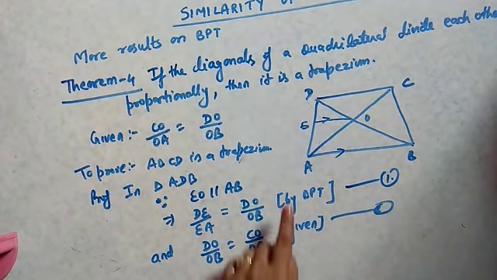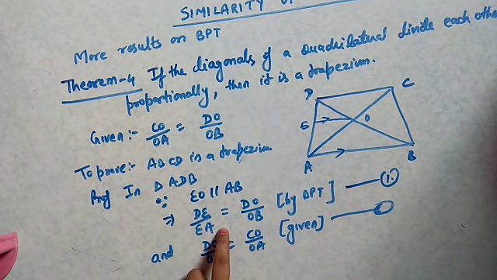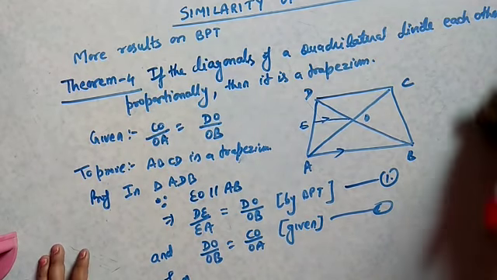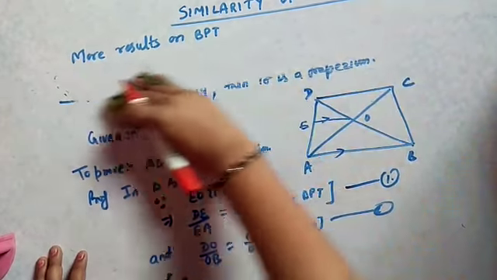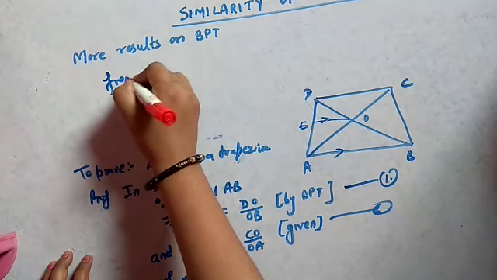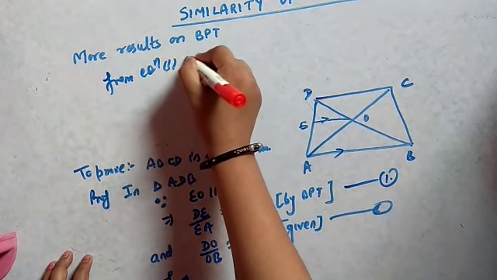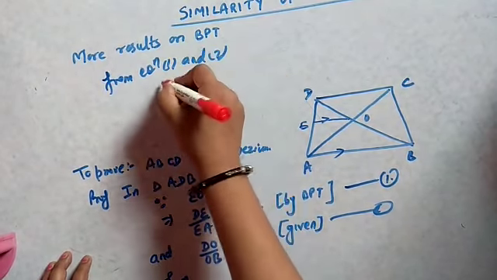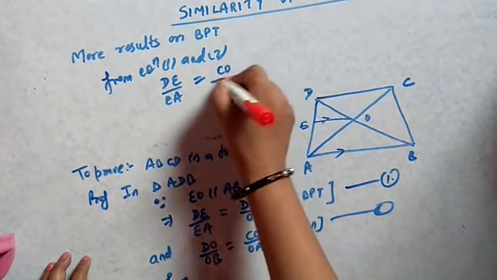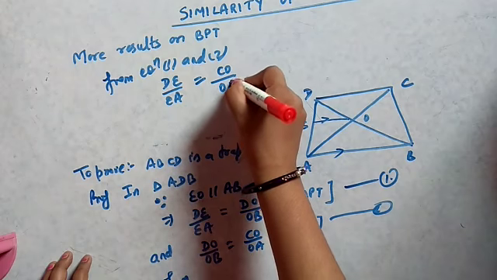Now from equation 1 and 2, can we say that DE by EA equals CO by OA? So from equation 1 and 2, DE by EA equals CO by OA.